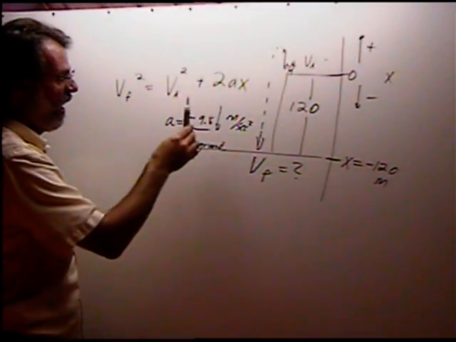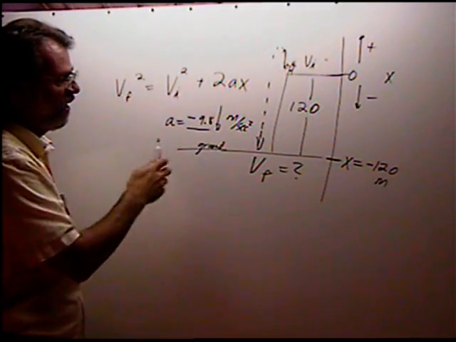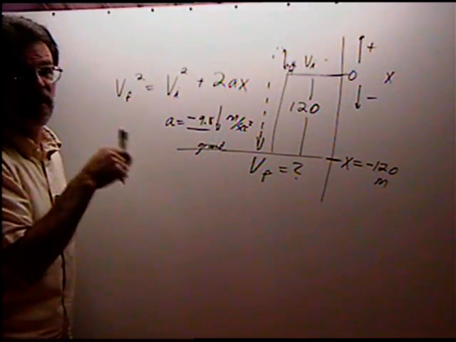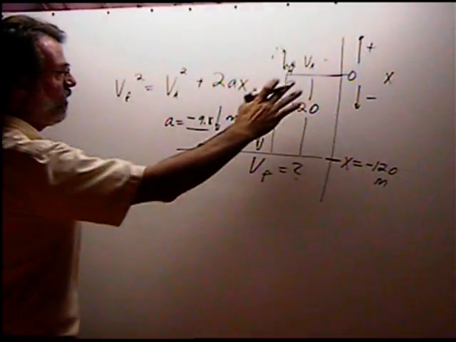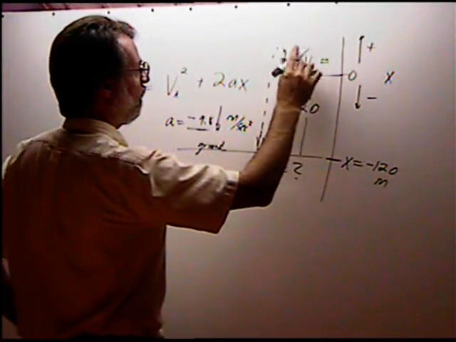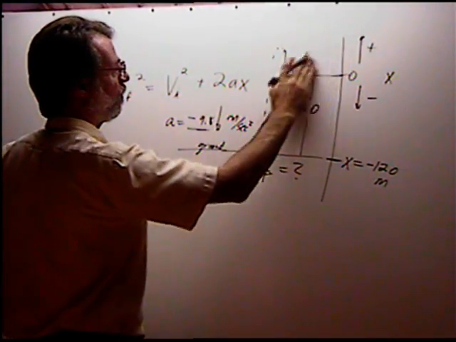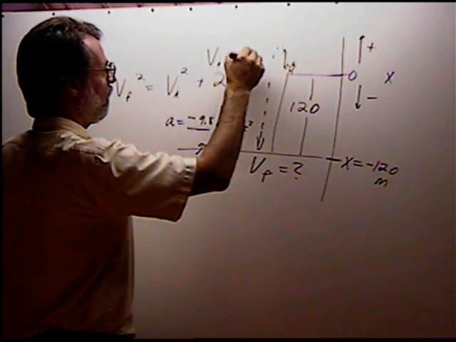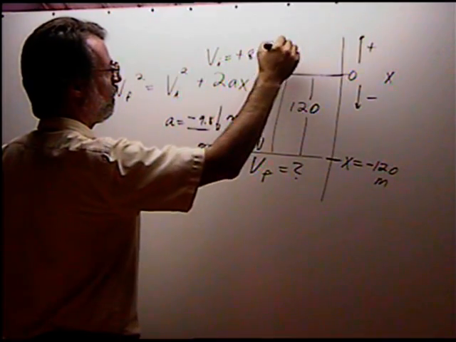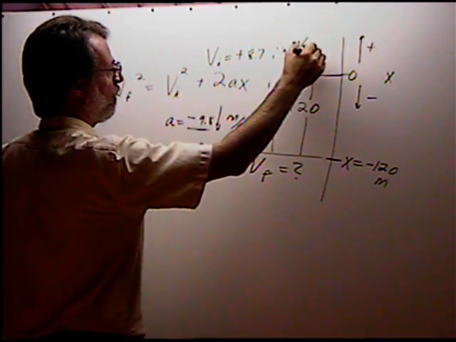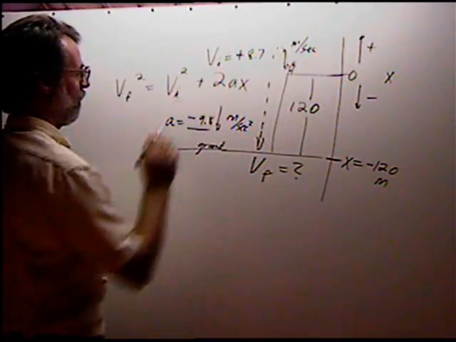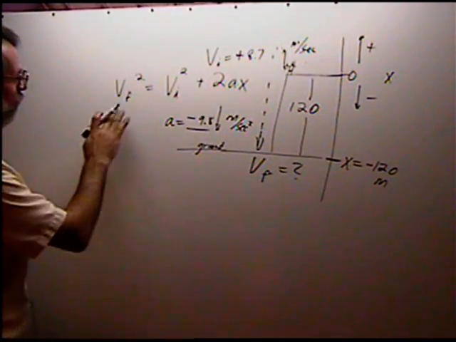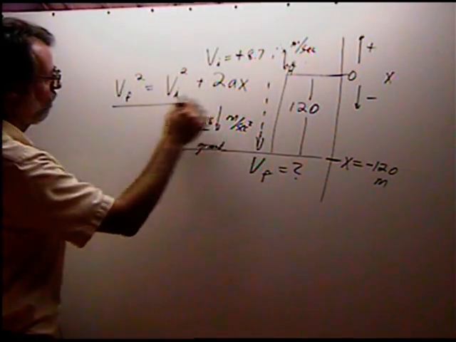Whatever is positive, we give it a plus sign. Whatever is negative, we give it a negative sign. Now, the initial velocity is plus 8.7 meters per second. So it's going up, so we give it a plus sign. So what we want is the final velocity.